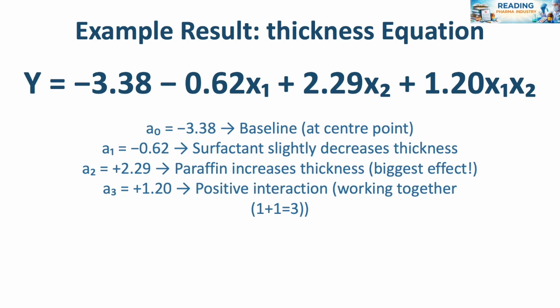Okay, so this is a bigger effect, 2.29 compared to 0.62. a3 of plus 1.2 indicates a positive interaction, and we said this coefficient indicates interaction between the independent variables x1 and x2. So, which means those two factors work synergistically together.